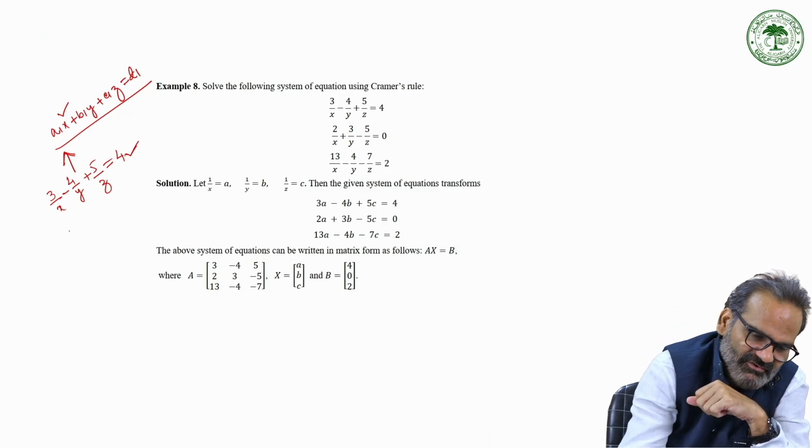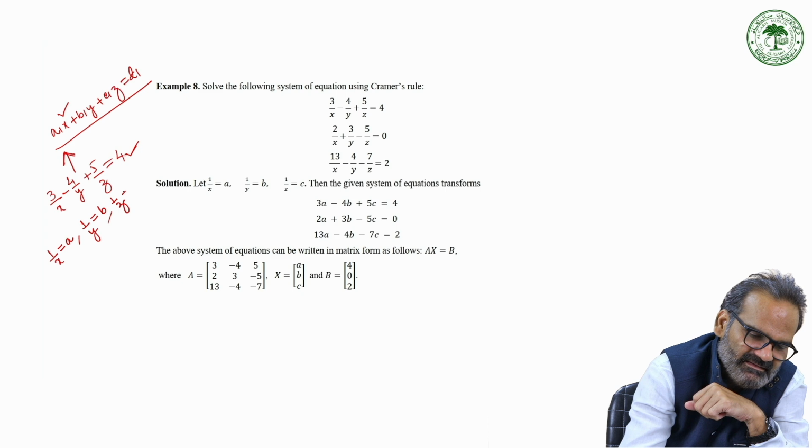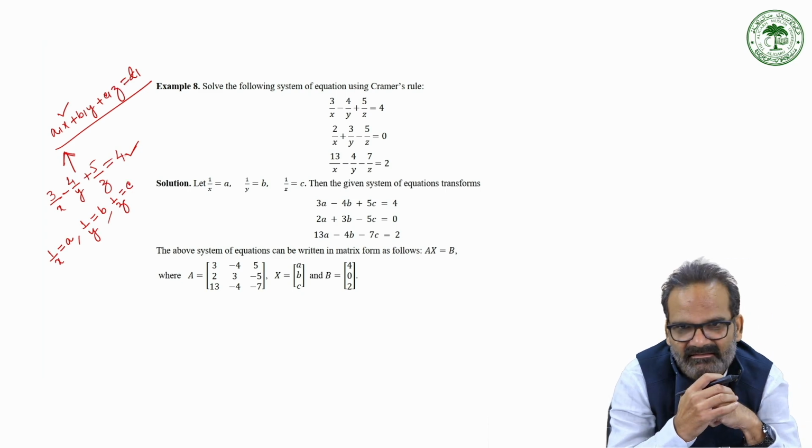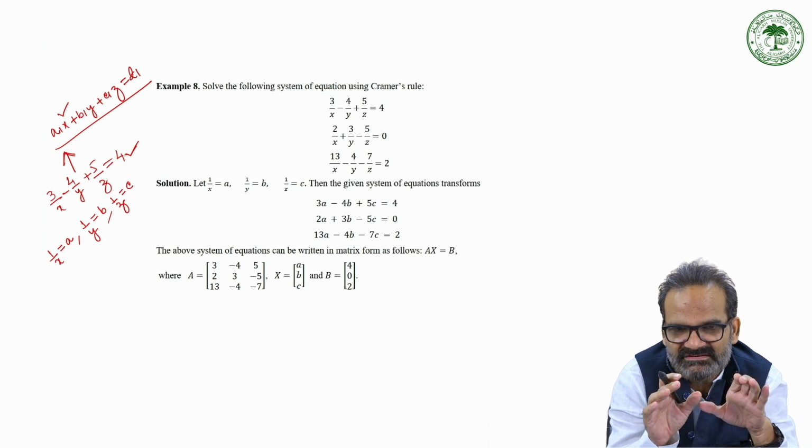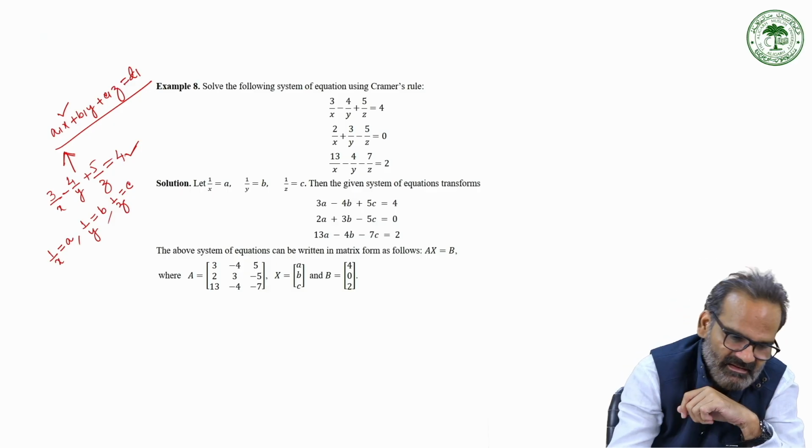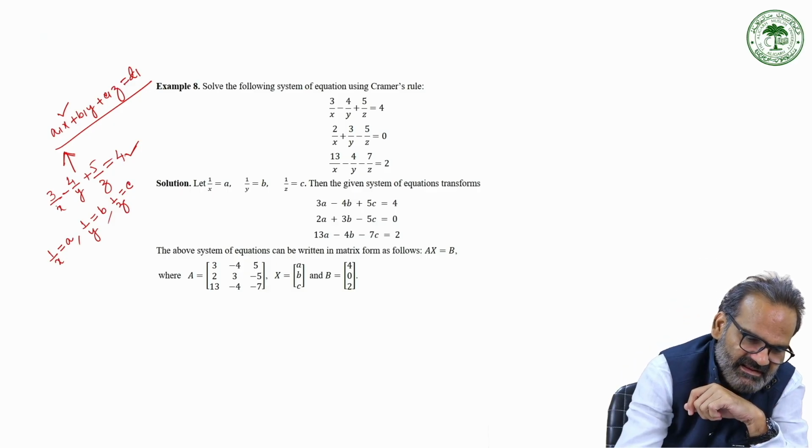How? See, if we take 1 upon x is equal to say a, 1 upon y is equal to say b, and 1 upon z is equal to say c, right? Now use this substitution in our equation. 1 upon x is taken as a, so 3 into 1 upon x you will get as 3a, right?